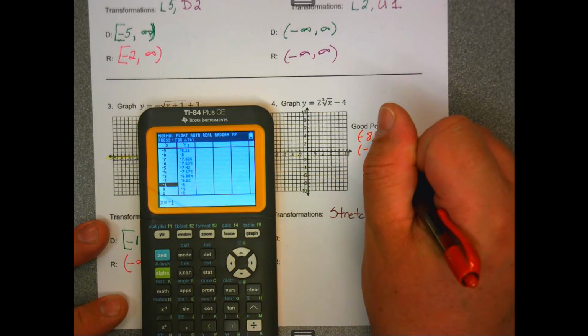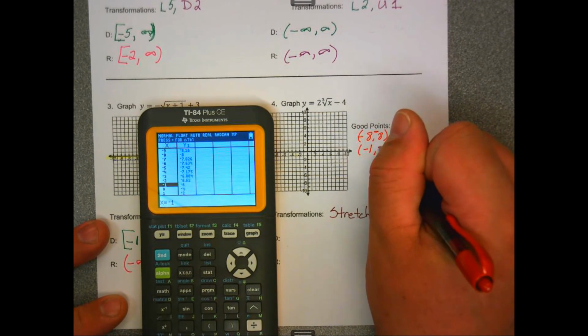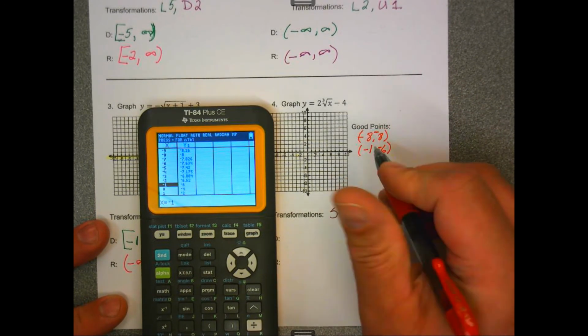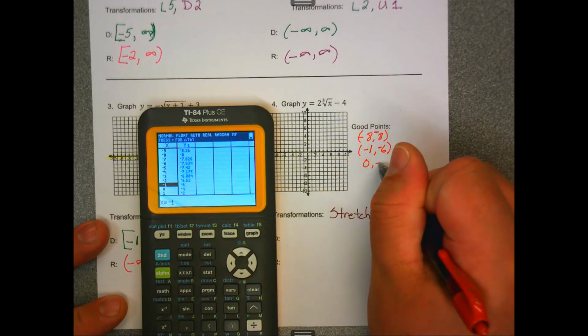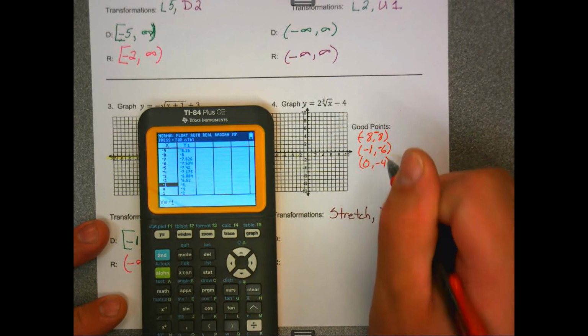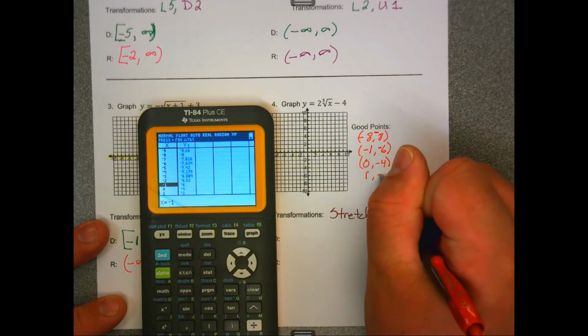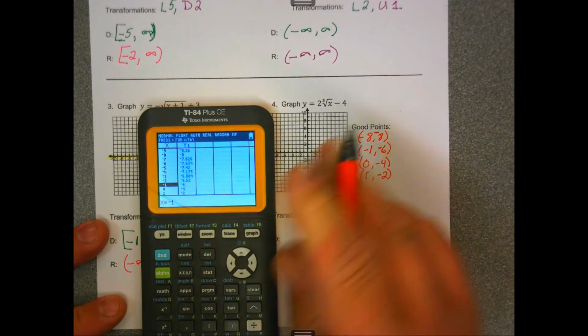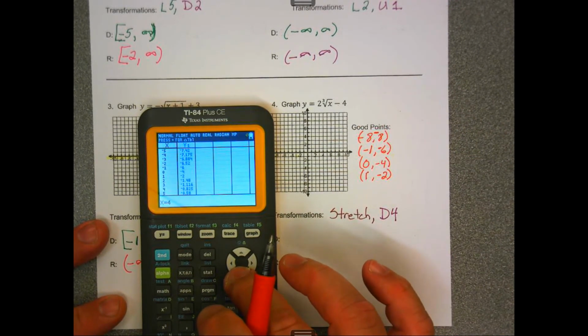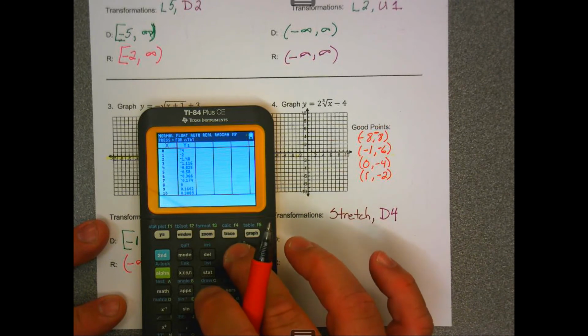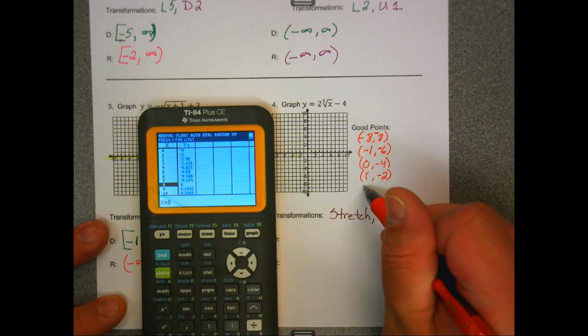Negative 6. 0, negative 4. Maybe 2 points the other way. 1, negative 2. 8, 0.